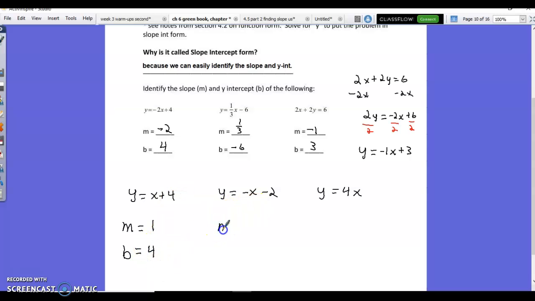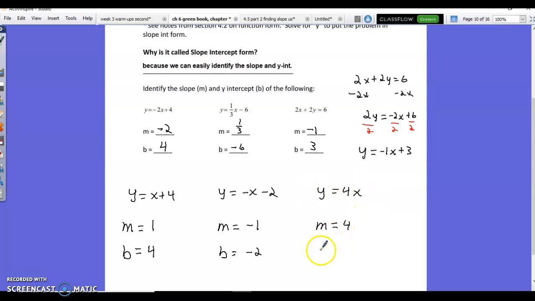For this one, our m, because it's a -x, would then be -1. If you just see the negative without a number, make sure you know that it's a 1, in this case -1. Our b here would be -2. For this problem, it doesn't look like it's in slope-intercept form because it just says y equals 4x, but that is our slope.